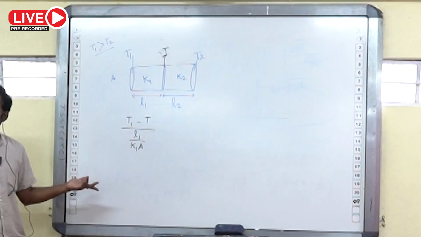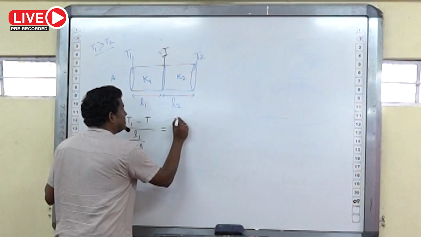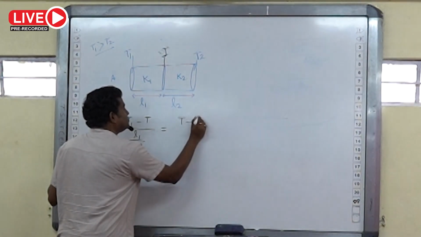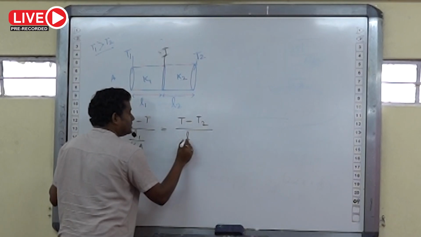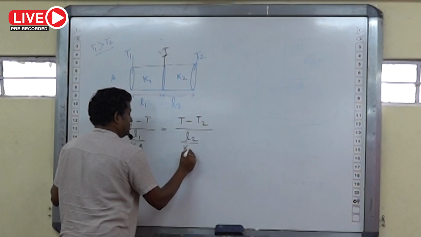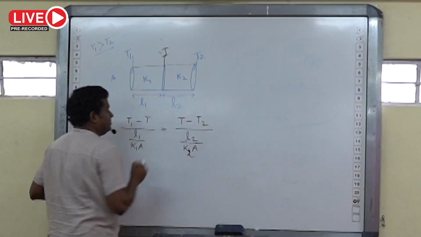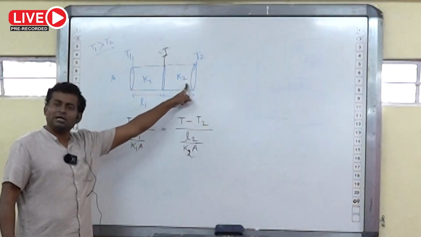So I write this one. Now I equate this one with the second one, that is (T minus T2) divided by (L2 by K2A). So that is the thermal current for this part.